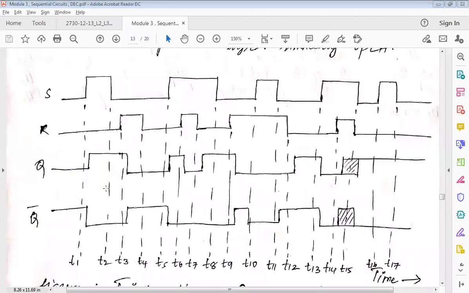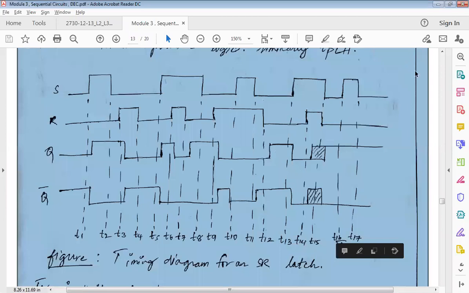So I've drawn lines, right? Your dotted lines here. So now what you can do is try to compare your S and R truth table. So 1 and 0, what you would get, that is actually your values. You just bring up your truth table.